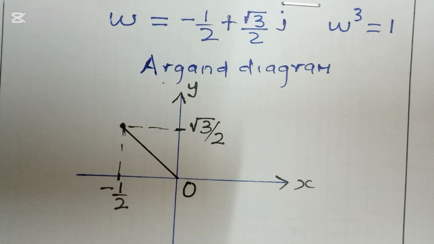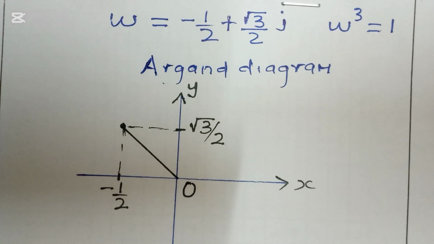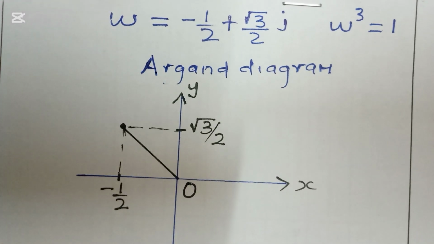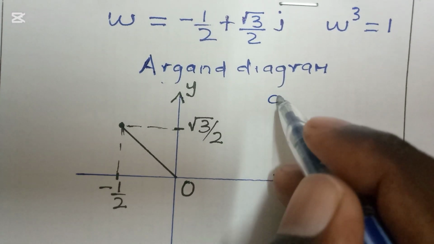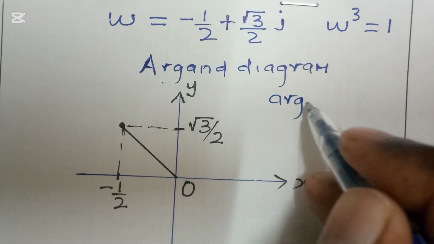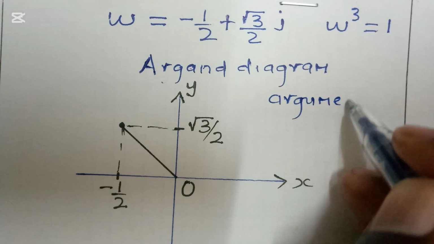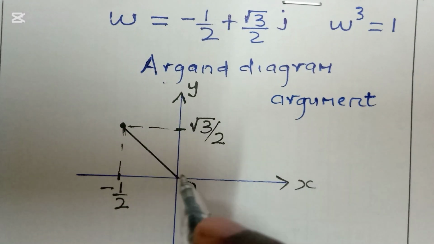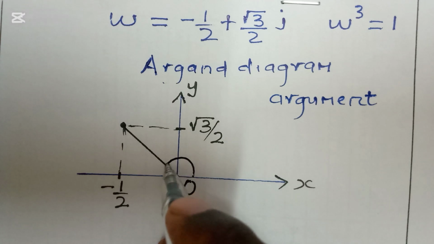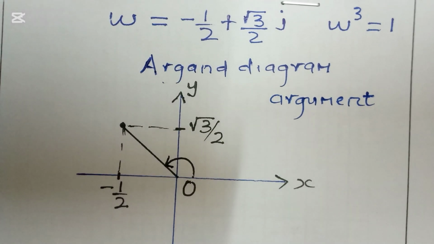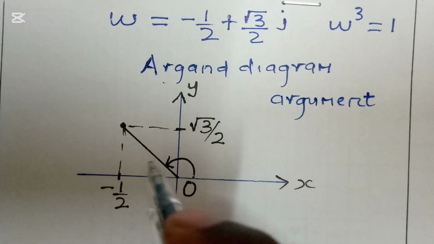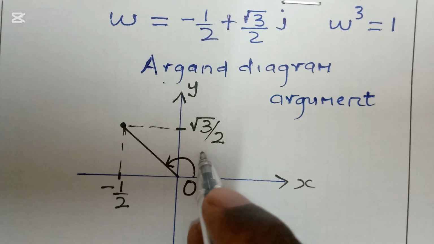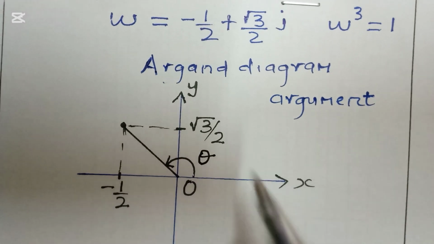Guys, the first thing we are going to do is to look for the argument. And the argument, guys, is measured from the origin, that is from this point to that point. This is now the argument, which is theta.